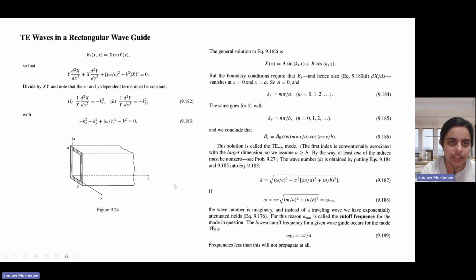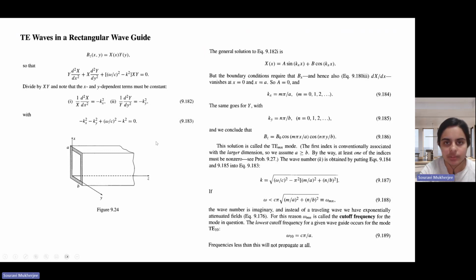So in general, suppose you have TE waves, transverse electric, which means there will be no electric field component in the propagation direction. So that means Ez is 0. Now you can consider Bz to be a function of x and y, write it as a product, and use the concept of separation of variables. Okay, and this is what you do.